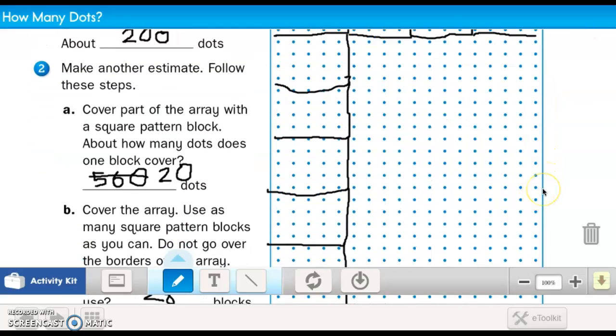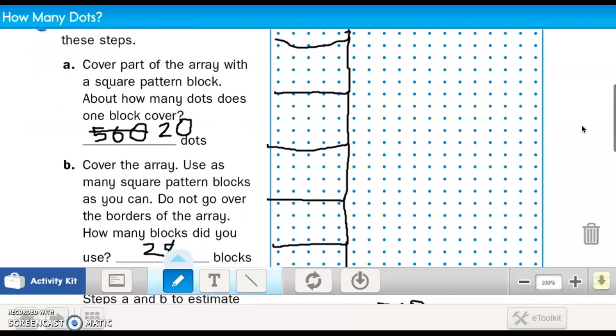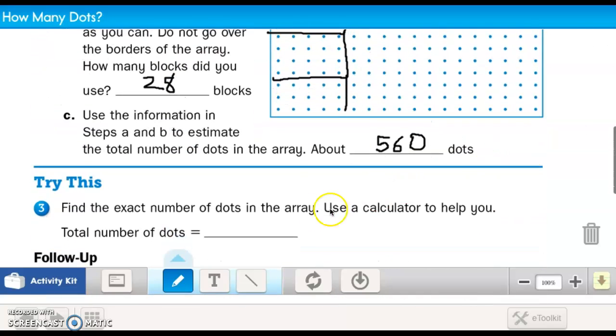So there's 28 going down. So if you have a calculator, you could go 18 times 28. And if you do that, which I already did, the answer is 504. That is the actual number of dots.